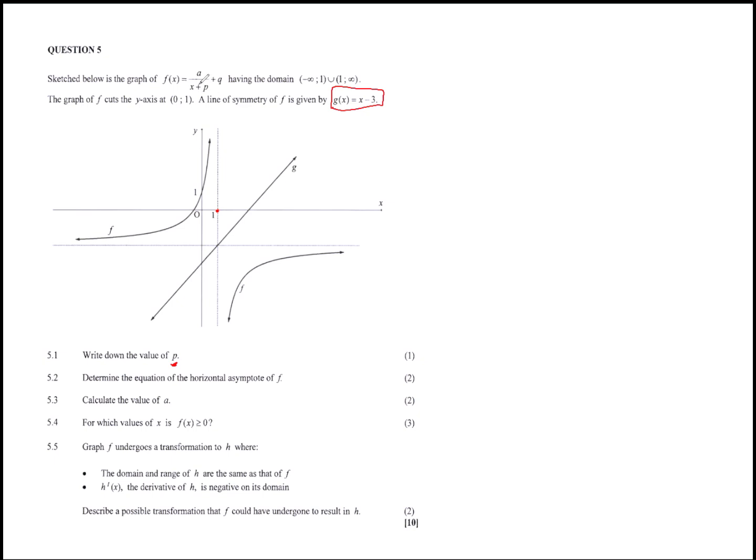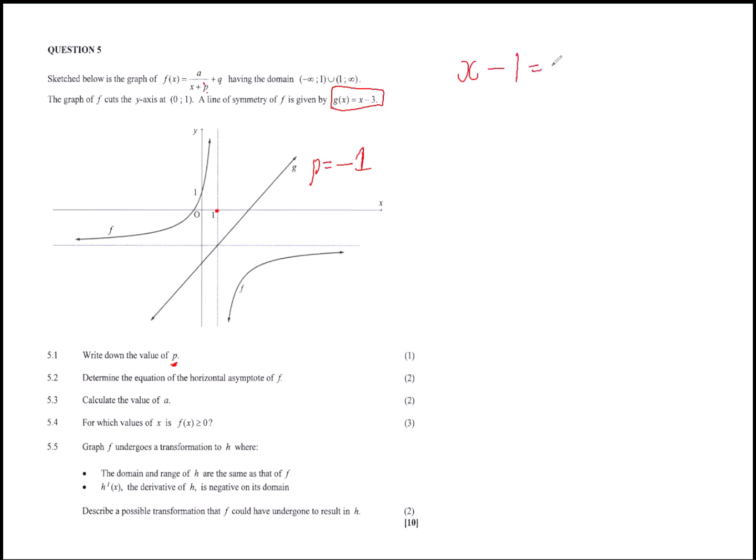But then remember, in order for it to become a positive 1 here, we need to equate it, right? So that means your p value here would have to be what? Negative 1. Let's see if it's going to give us the vertical asymptote. Remember, how do we get the vertical asymptote? By saying x plus p equals 0. So p should be negative 1.